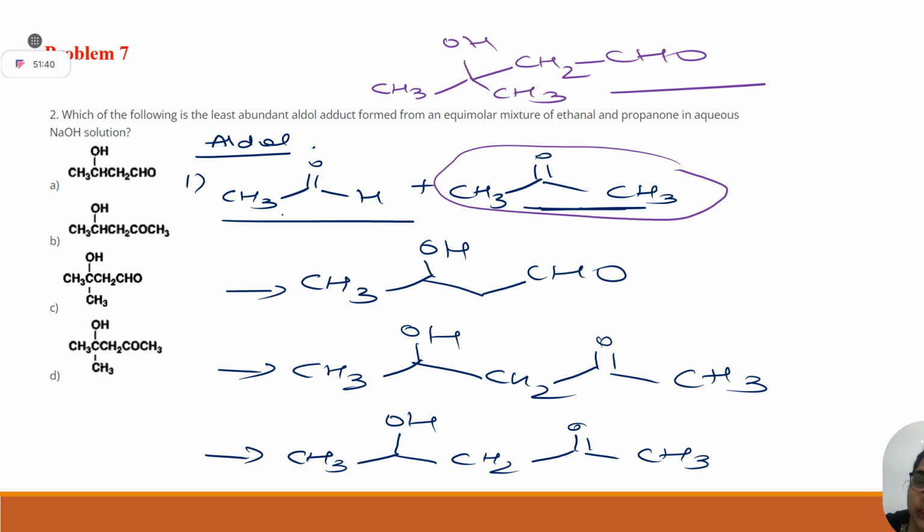All the products are possible, but the major will be where your aldehyde will be your electrophile and ketone will be your nucleophile. So the correct answer is option C. I hope everyone understood this. If not, I can explain again, no issue. Just tell me, can you draw the aldol product now?